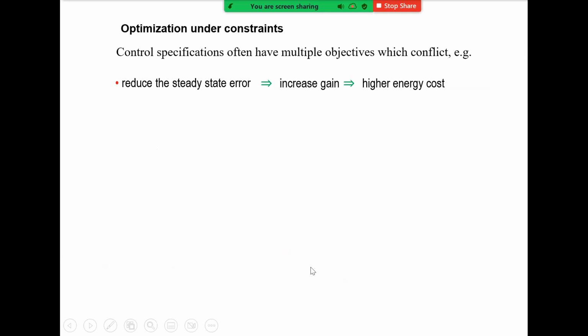We know that control specifications often have multiple objectives which can conflict with each other. For example, if you want to reduce the steady-state error with a simple proportional control, normally you have to increase the gain. But if you increase the gain, you have to apply a bigger value of the input.